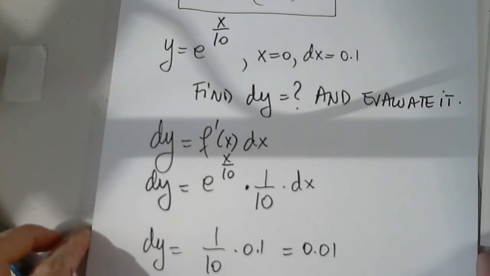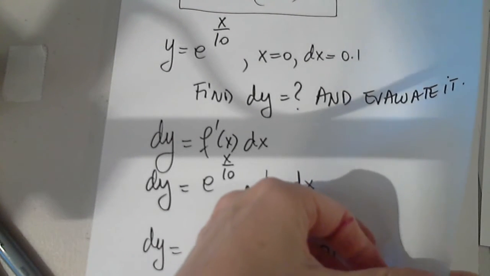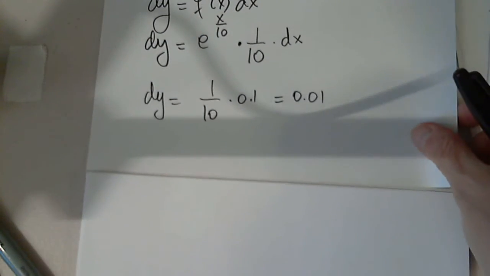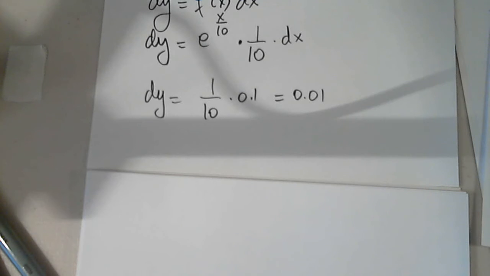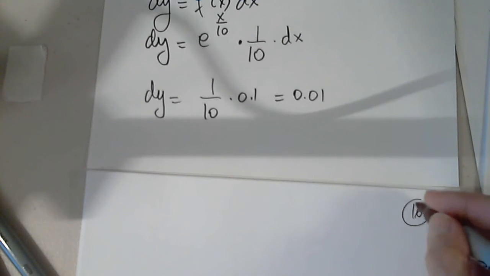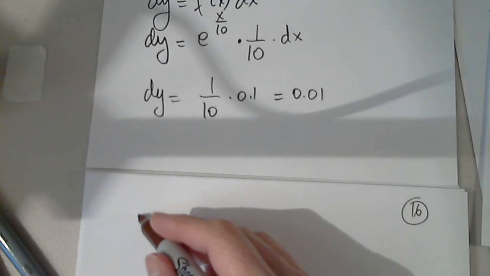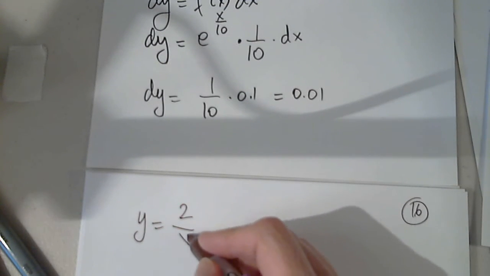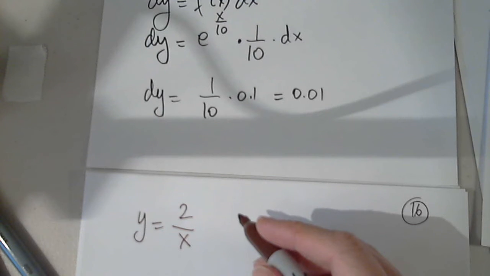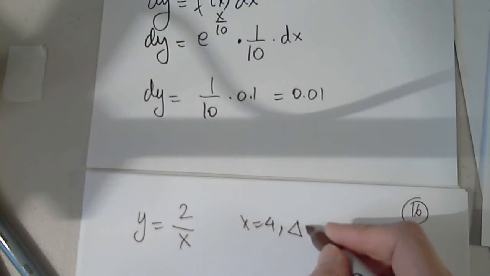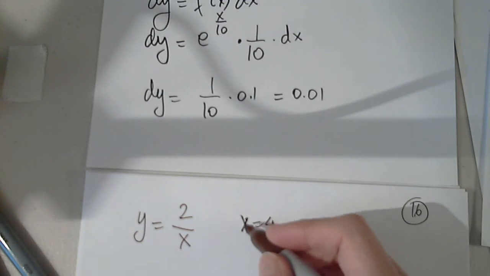Any questions? Okay. I would like to look at, let's say, y equals 2 over x. We are given x equals 4, and we are given delta x equals 1.